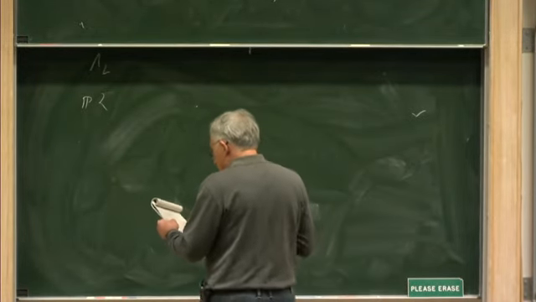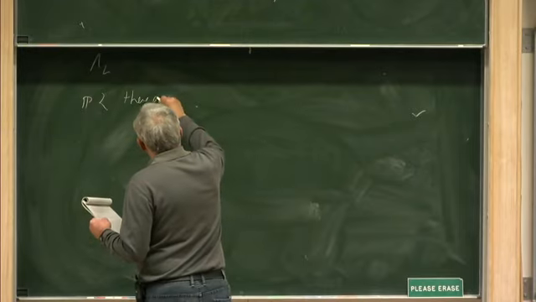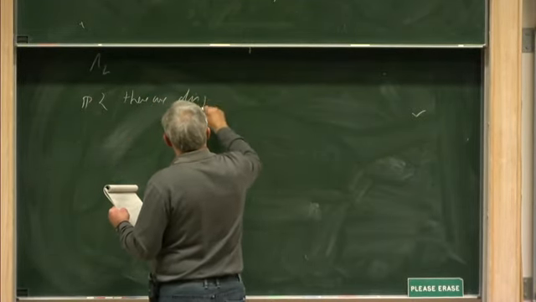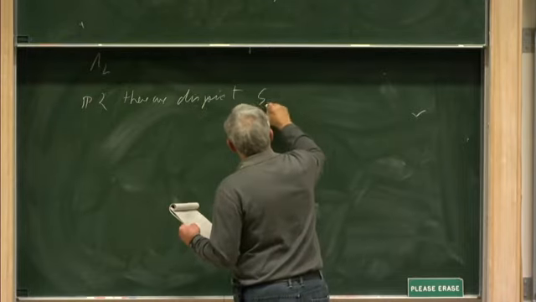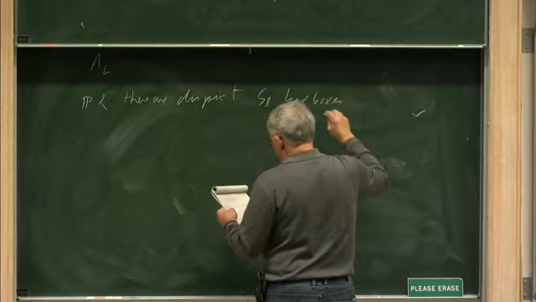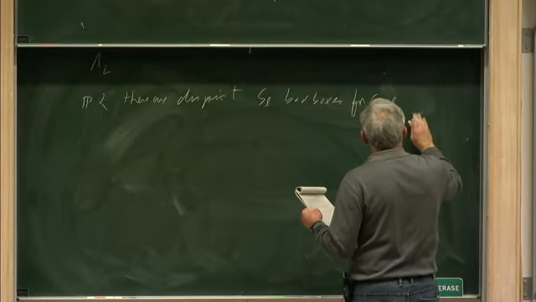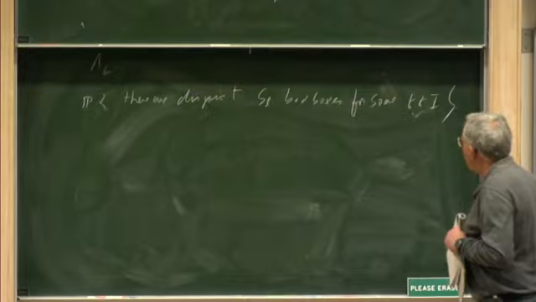So I'll look at the probability that there are, so this is a complementary, disjoint SL bad boxes for some energy in the interval. That's a different statement.